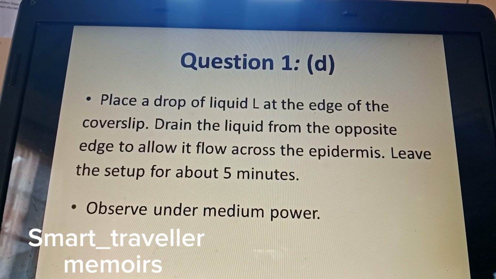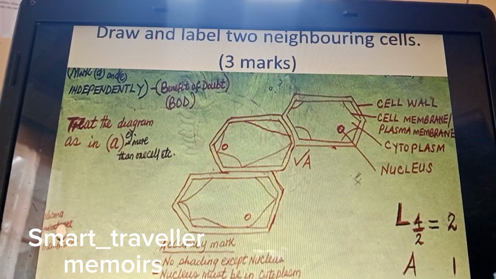Question 1D. Place a drop of liquid L at the edge of the cover slip. Drain the liquid from the opposite edge to allow it to flow across the epidermis. Leave the setup for about 5 minutes. Observe under medium power. After observing, you are told, draw and label 2 neighboring cells.